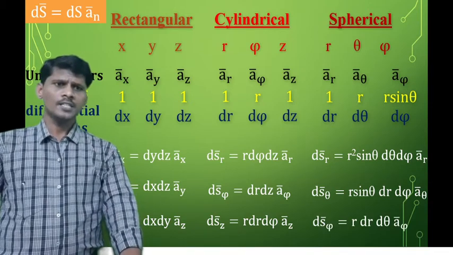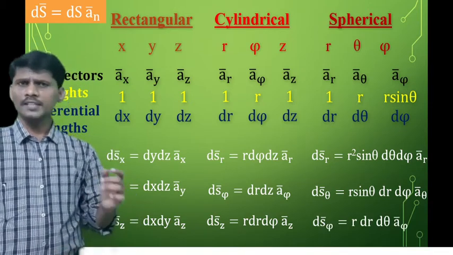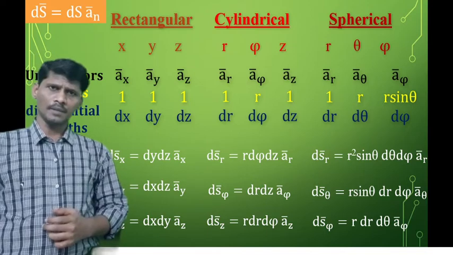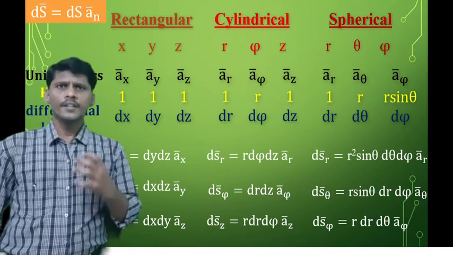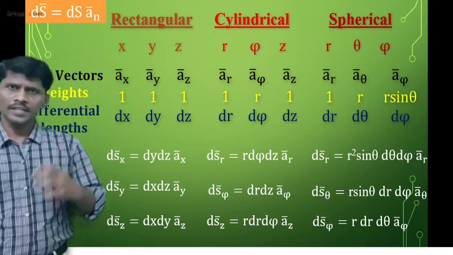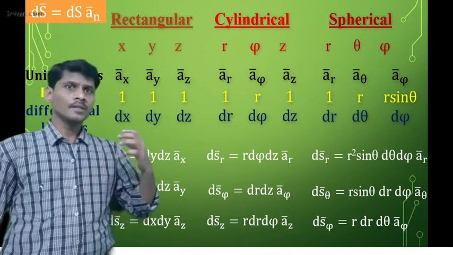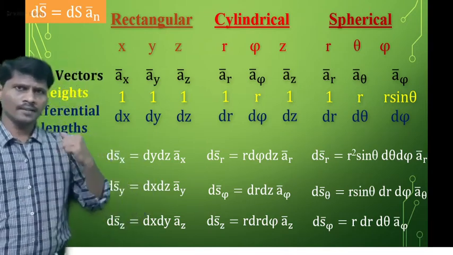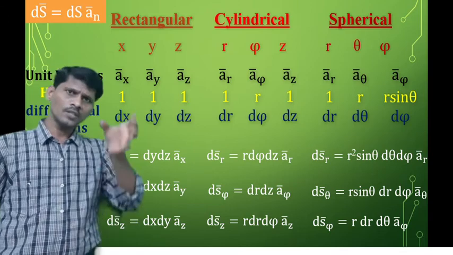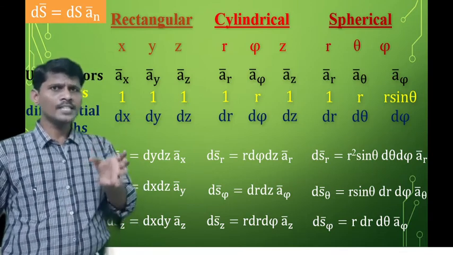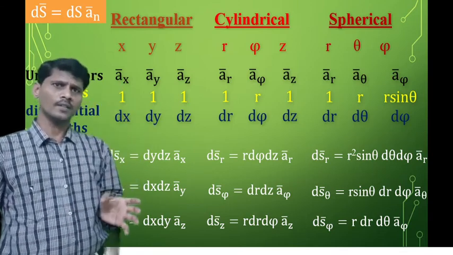And dSphi bar is equal r dr dtheta aphi bar. So these are the differential vector surface areas in Cartesian, cylindrical and spherical coordinate systems. In this tabular column, we can easily remember differential vector surface area.